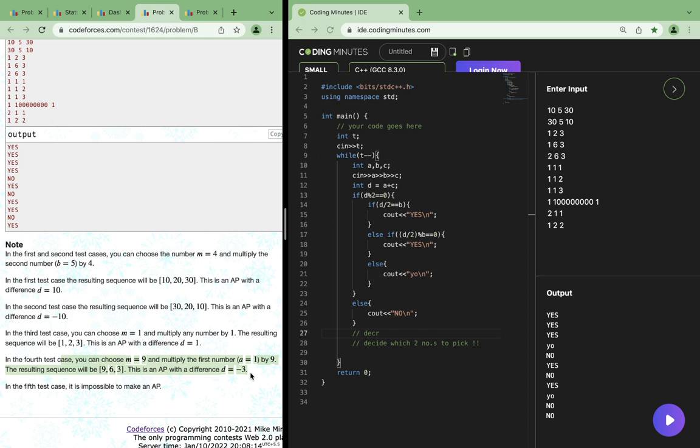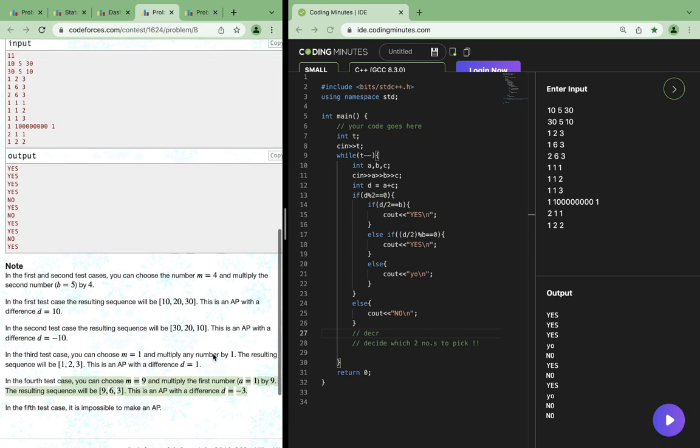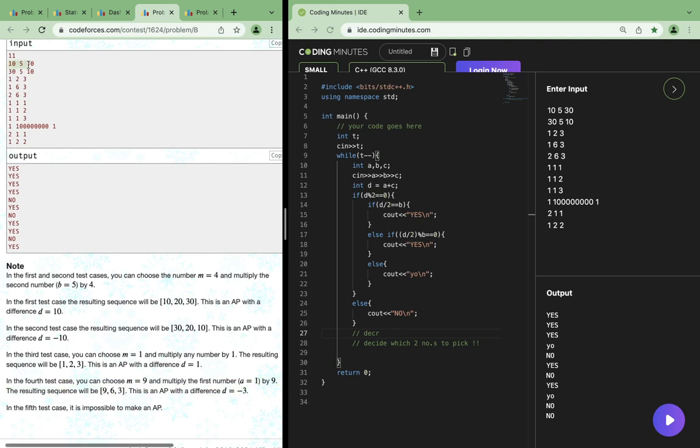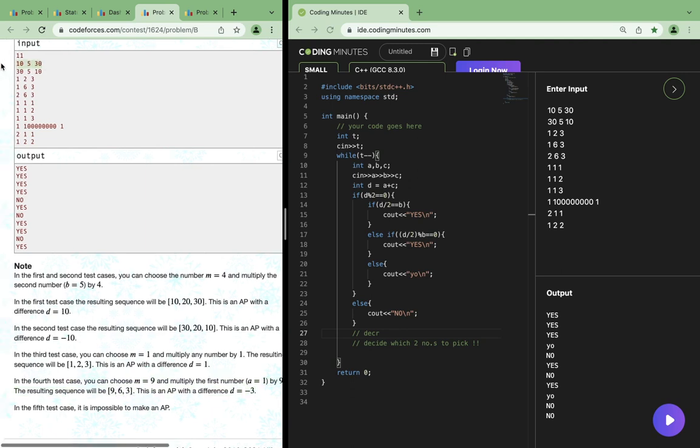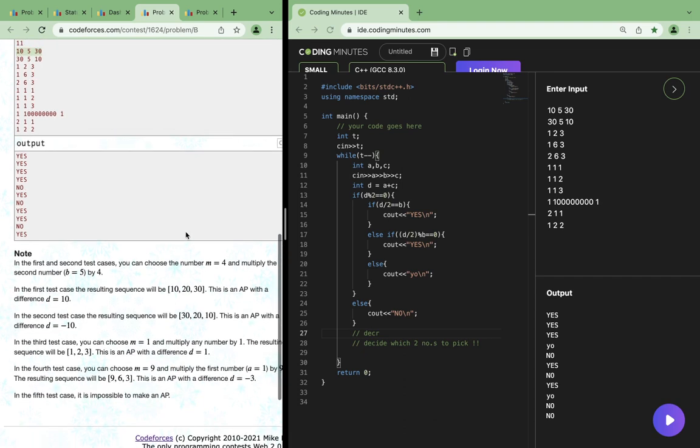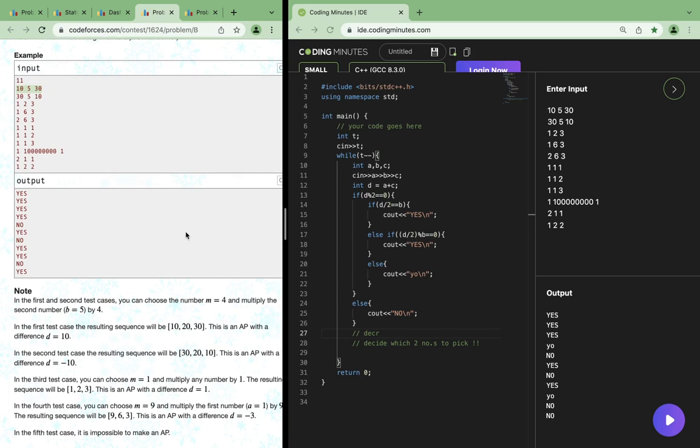So we gotta see. So we can actually take the difference between 30 and 10 and then make sure if it is divisible by. Okay. But that's not the correct way. There is a lot of if and else statements that I can put, but I don't want to do a lot of if else statements.